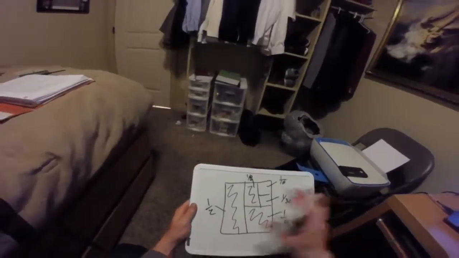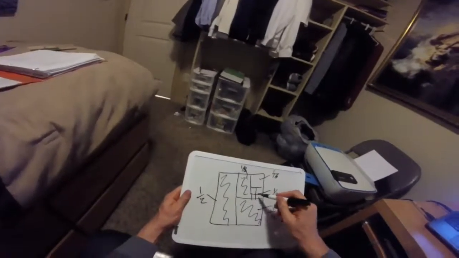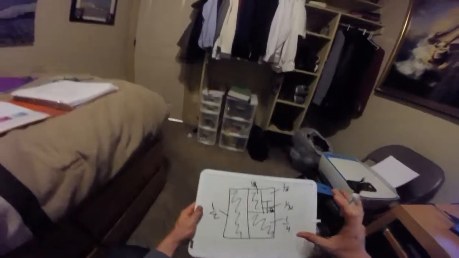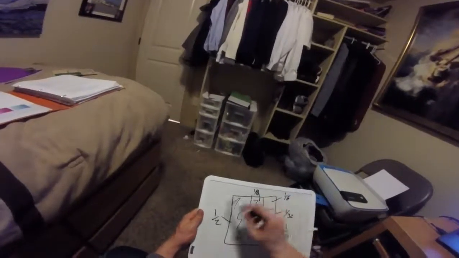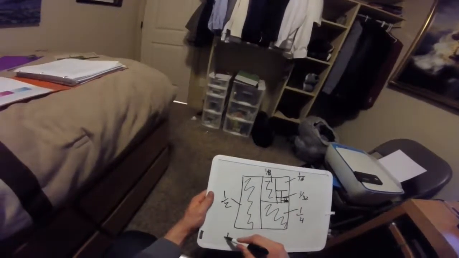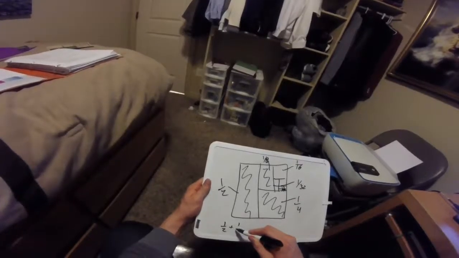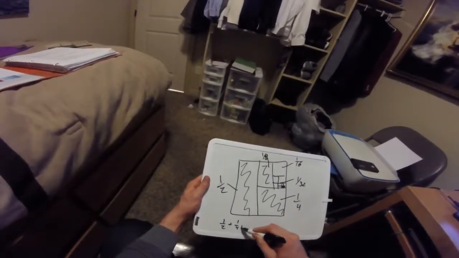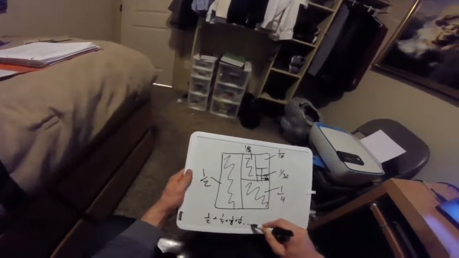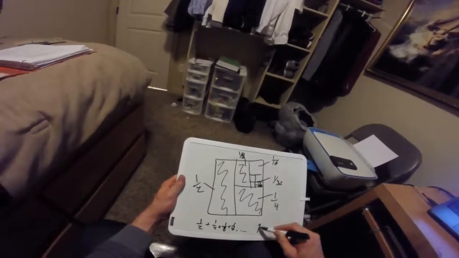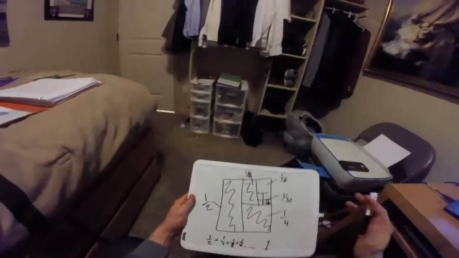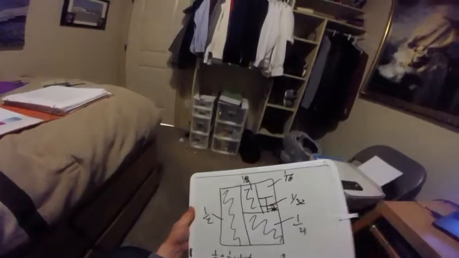Now, this will continue to divide forever. But it is finite because all of these fractions will eventually add up to one piece of paper. So that's how you can look at an infinite number of terms.